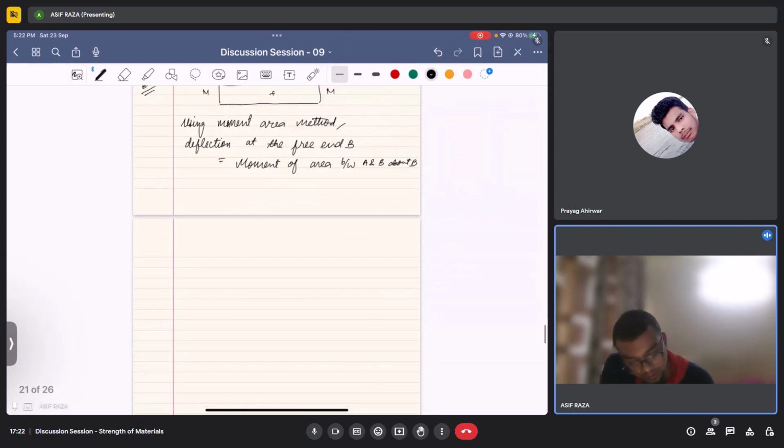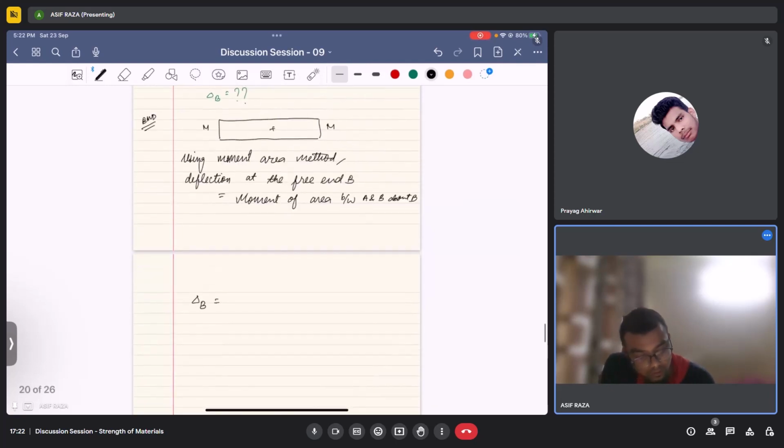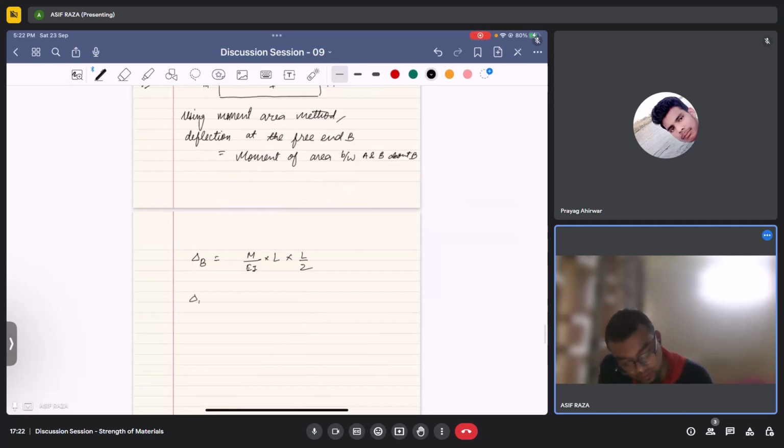Thus, delta B would be equal to the moment of area between A and B about B. So first, what is the area between A and B? That is M by EI times L, and the moment arm would be L by 2. Thus, deflection comes out to be ML square by 2EI.